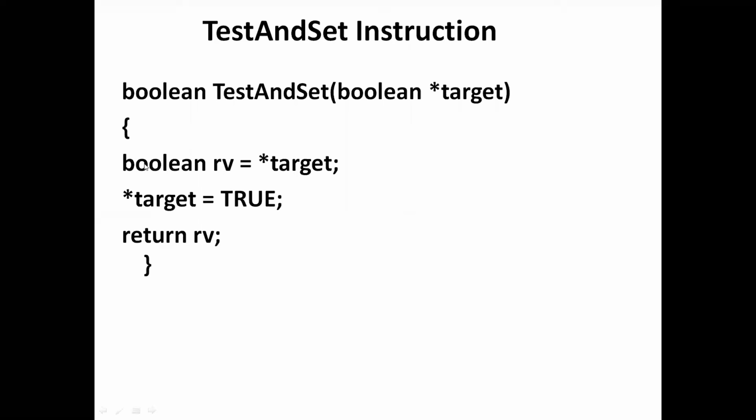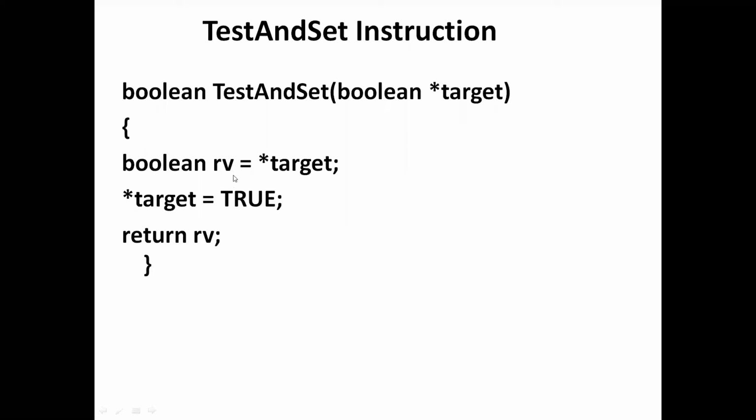Whatever value is stored in target, we assign to rv. After that, we assign target equal to true.